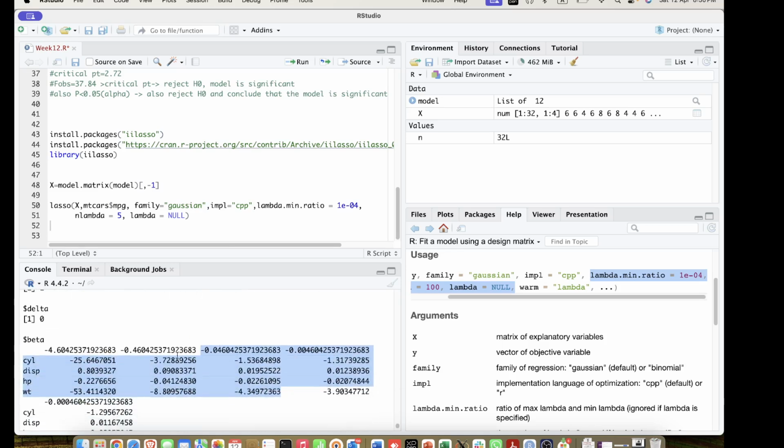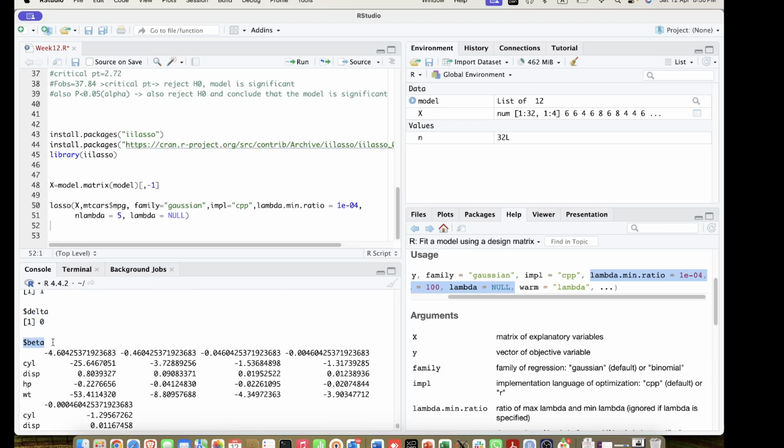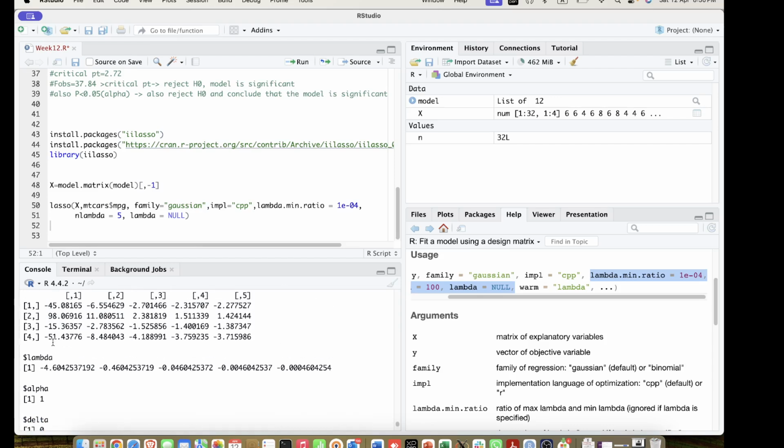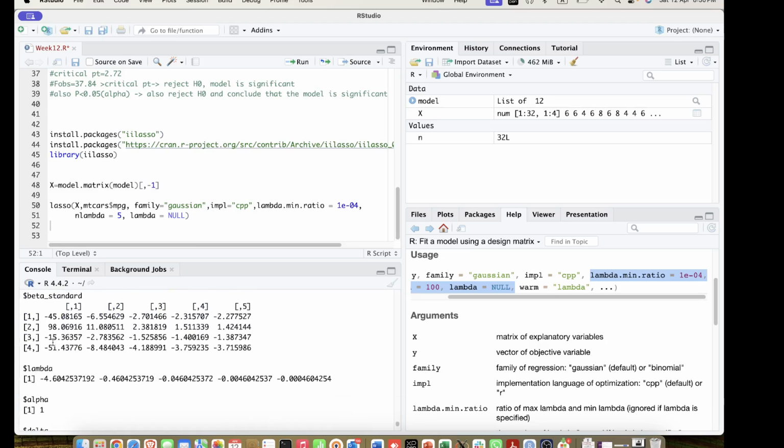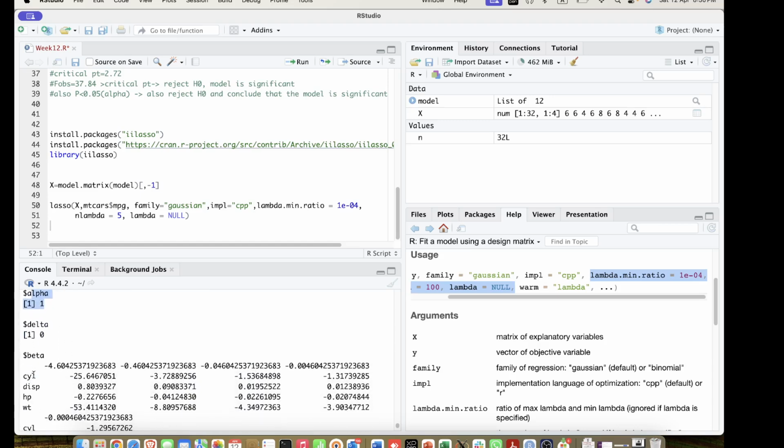But here we have the raw variables, and if we want the estimated betas, then we should look into this beta column. Okay, and the estimated alpha corresponding to any value of lambda is this one, the alpha 1 parameter.